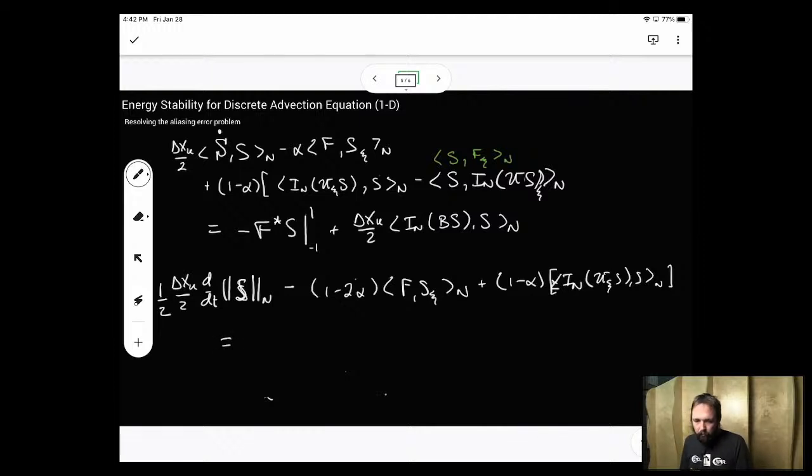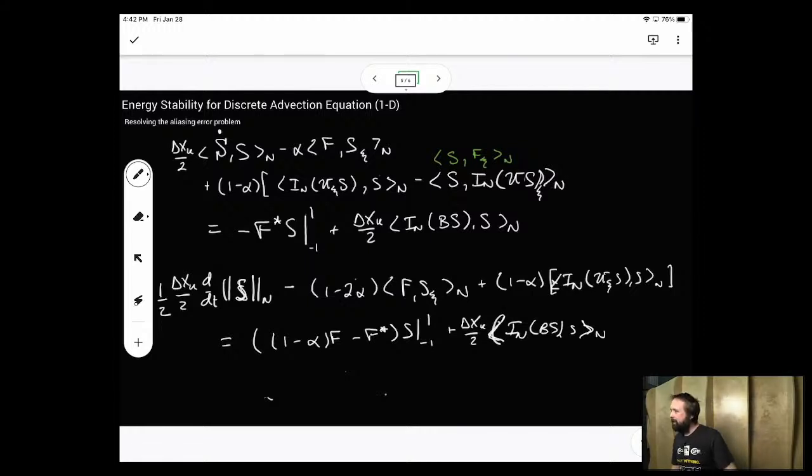And that's still all equal to the same stuff we had before, except now we've got some additional stuff to account for the fact that we did a summation by parts. So we have a 1 minus alpha with the flux minus the Riemann flux, okay? And I've got S minus 1 to 1 plus, okay, and then we got our delta xk on 2, inner product interpolant of bs with s on n, okay. Whoops, there we go, inner product there. All right, getting a little sloppy. That's all right, it's Friday evening, I think that's allowable.